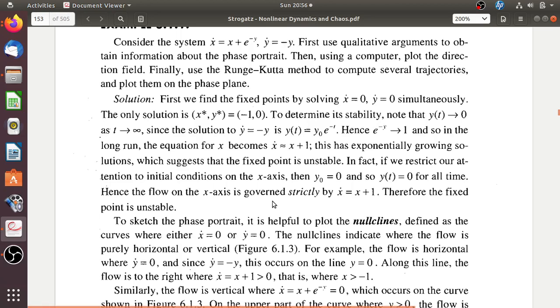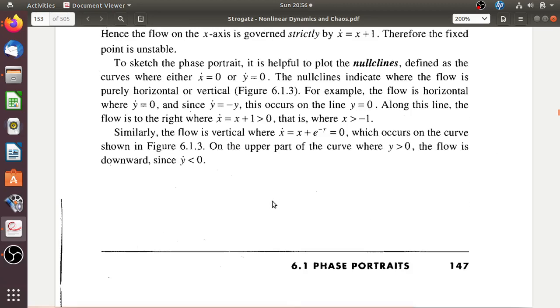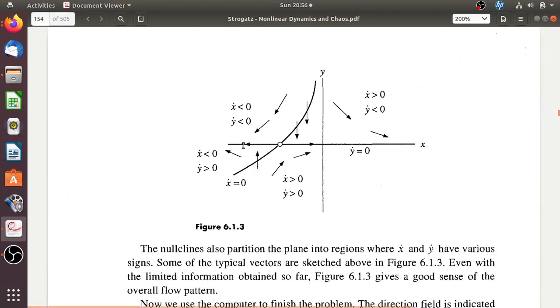Okay, so the first thing is we are going to construct those nullclines. This line is one nullcline and this line is another nullcline, where this line represents x dot equal to 0 and this line represents y dot is equal to 0. Let's assume that right now we have only these two lines.